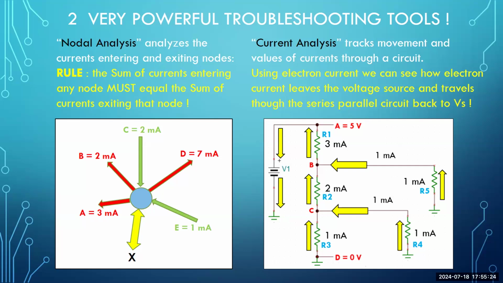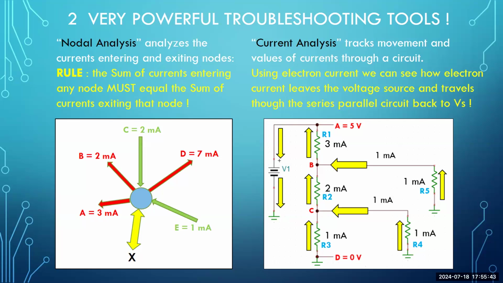Now, the other very powerful troubleshooting tool that you'll be introduced to in detail in this training video is called current analysis. Current analysis tracks the movement as well as the values of currents as they flow through the circuit.